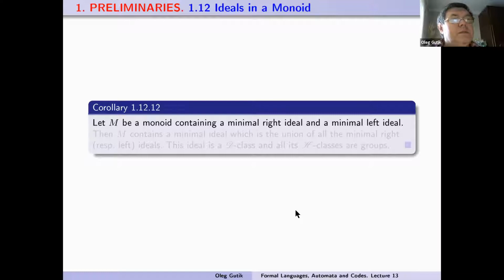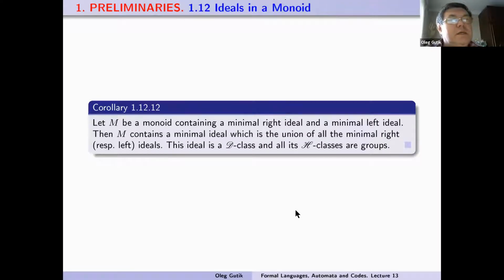Let M be a monoid containing a minimal right ideal and a minimal left ideal. Then the monoid M contains a minimal ideal, which is the union of all minimal right, respectively left, ideals. This ideal is a D class and all its H classes are groups.